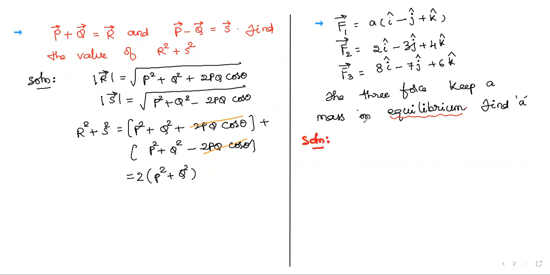మరి equilibrium అంటే sum of all the vectors equals to 0 కదా నాన్న. Sum of all vectors means F1 bar plus F2 bar plus F3 bar is equal to 0.